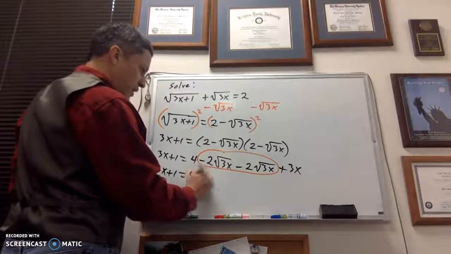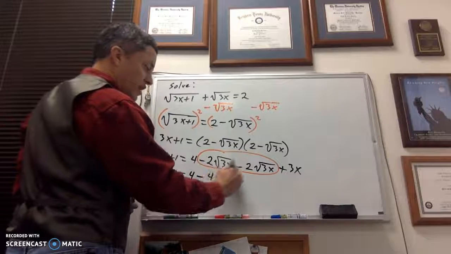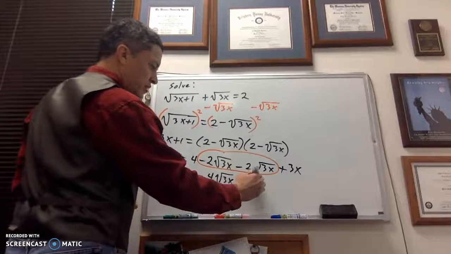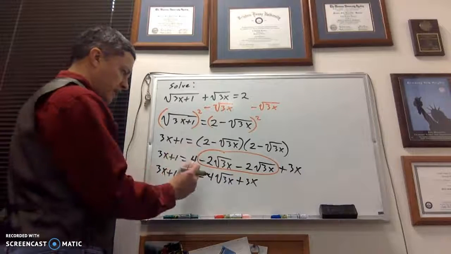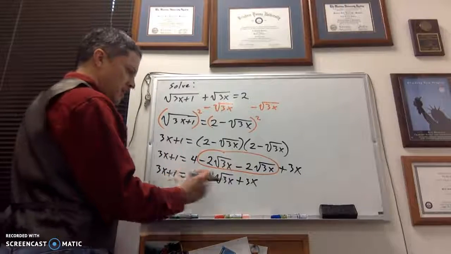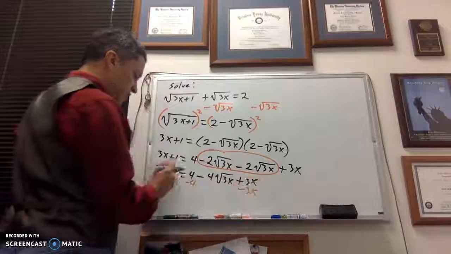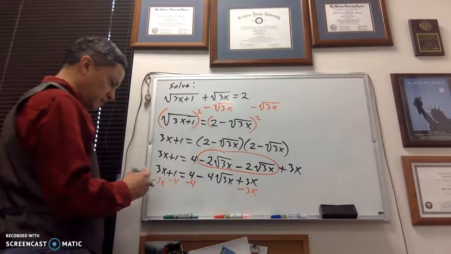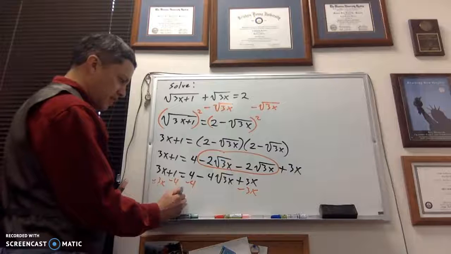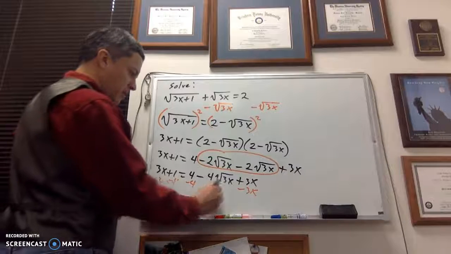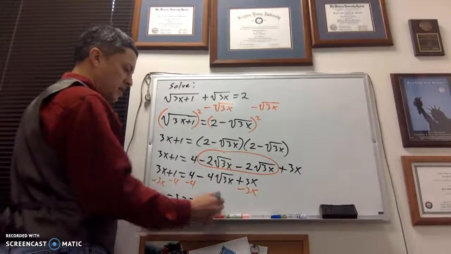So you got 4 minus 4 root 3x plus 3x there. And now I'll subtract a 4 to both sides. I'll subtract a 3x to both sides. That'll give me a negative 3 equals negative 4 times the square root of 3x.